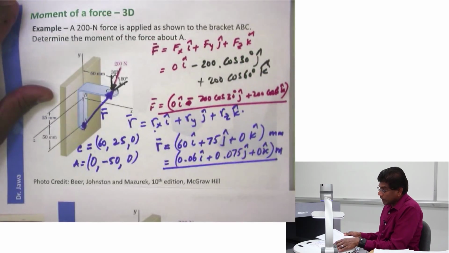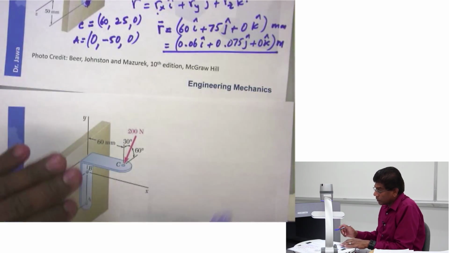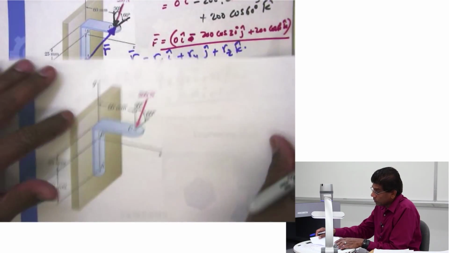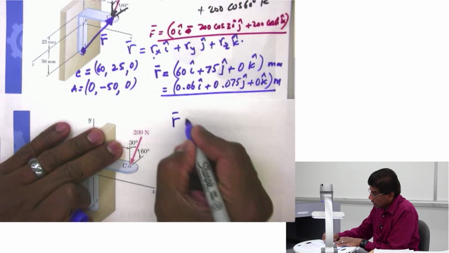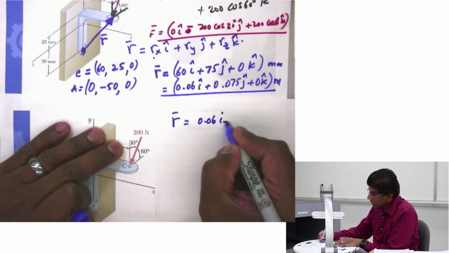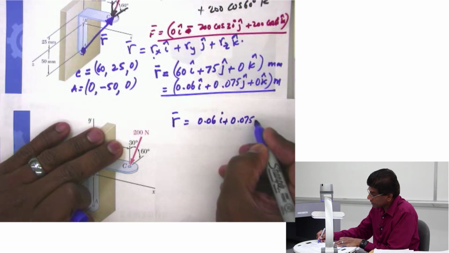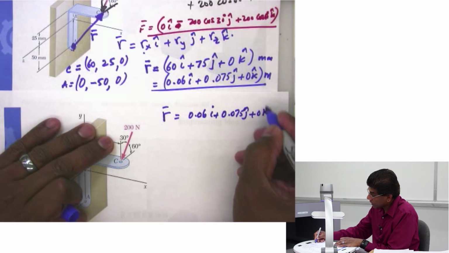So if I go back to my problem, I'm going to rewrite these units. R is 0.06 i plus 0.075 j plus 0 k.